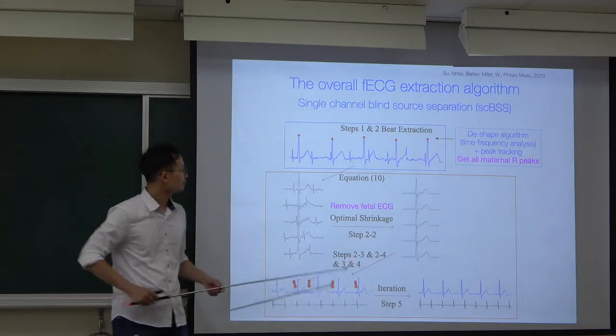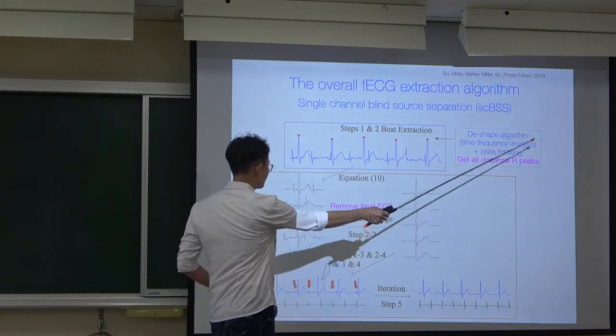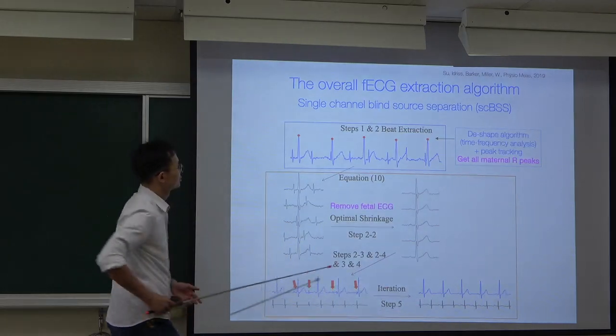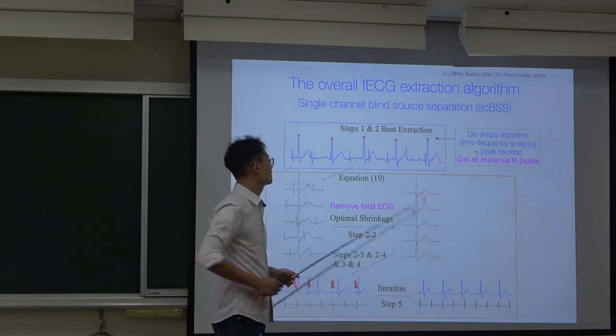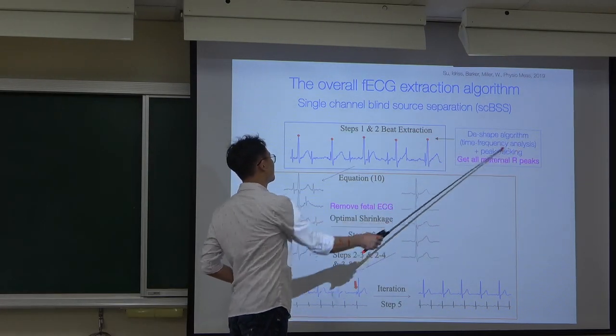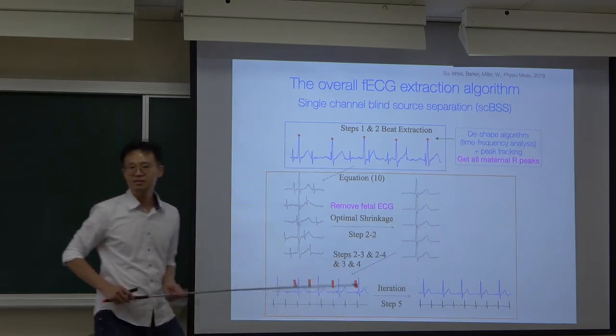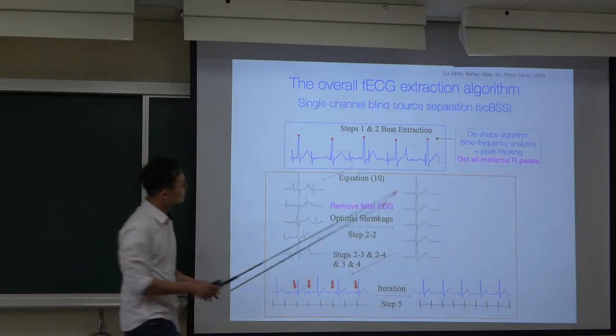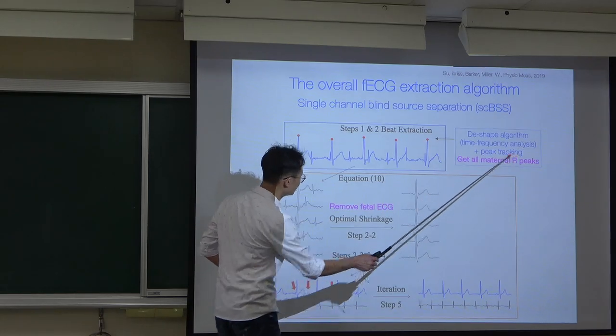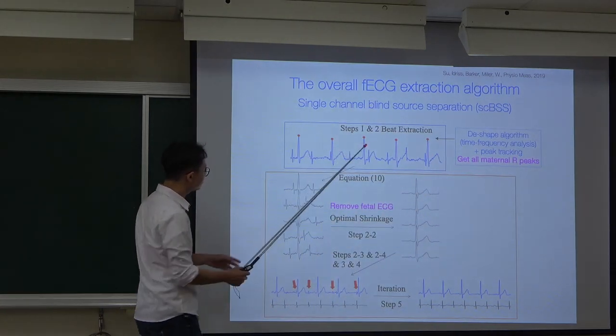And this is an overall algorithm, starting from the beginning to the very end. If you remember, before we talked about the SHAPE algorithm, which is a time frequency analysis technique. If you combine it with the peak tracking algorithm, we can get maternal R peaks.